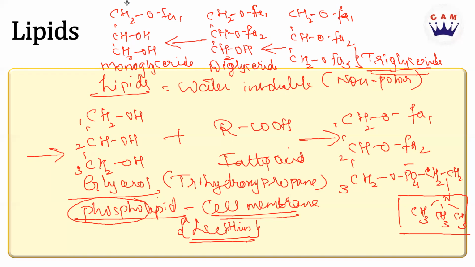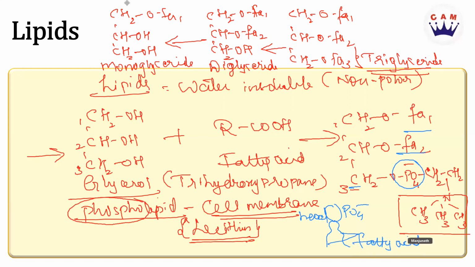Now, of all these 3 carbons, only 1 carbon is polar. That is the third carbon containing the phosphate group. The phosphate group will be polar. Therefore, the PO4 minus will form the head, whereas the two fatty acids of carbon 1 and carbon 2 become the tail.